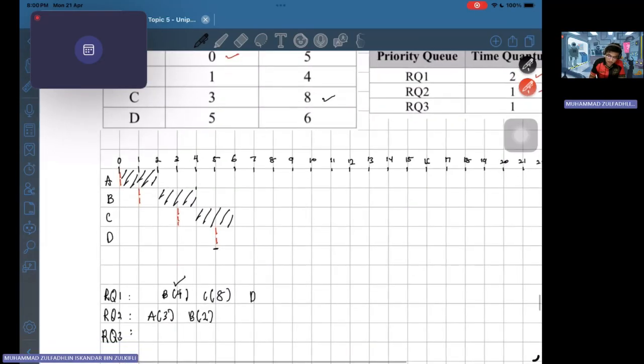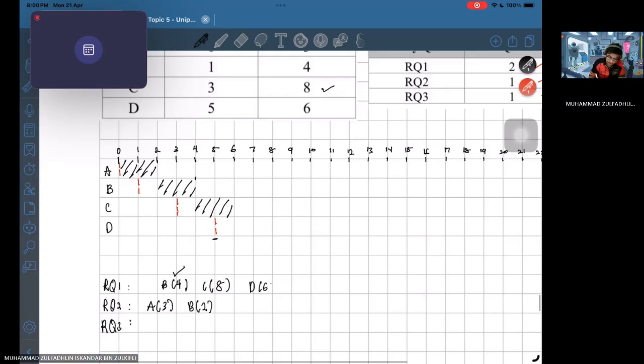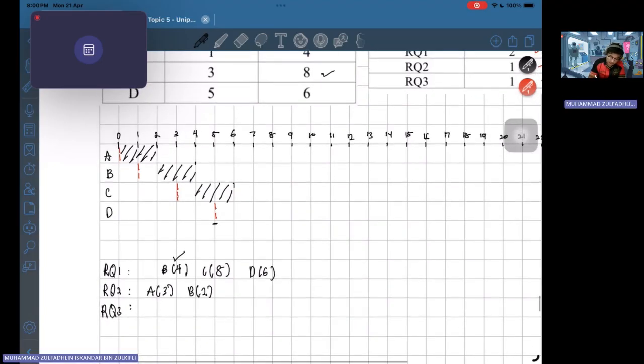Here C has completed its first quantum, so we move it to the lower priority queue, where the remaining service time is 6. And then we move to D. D will perform 2 service time here, and it completes. So we move D to the lower level of queue.